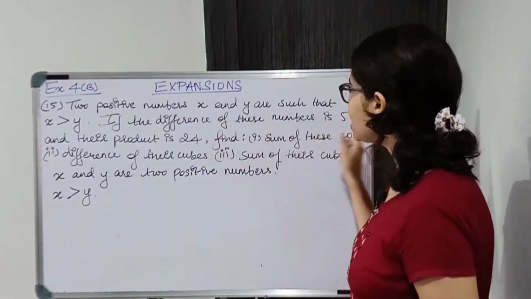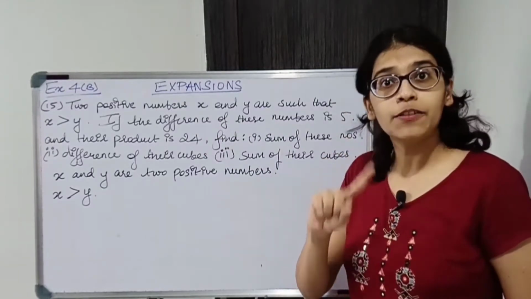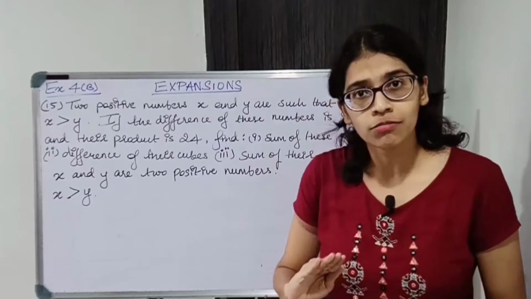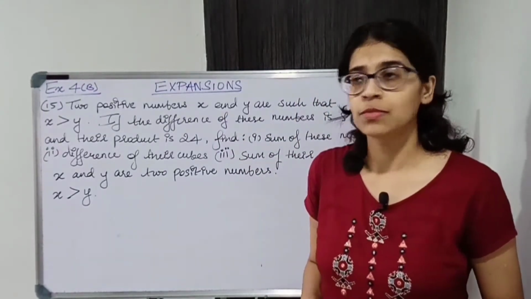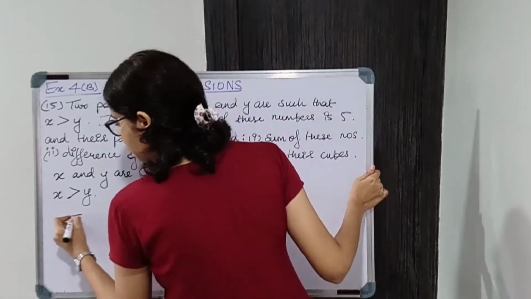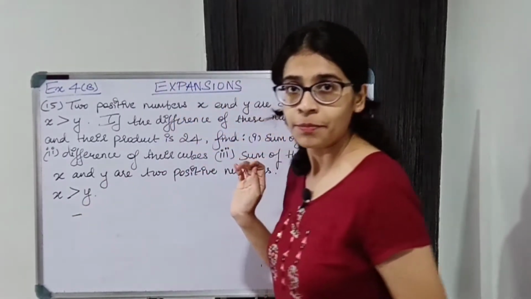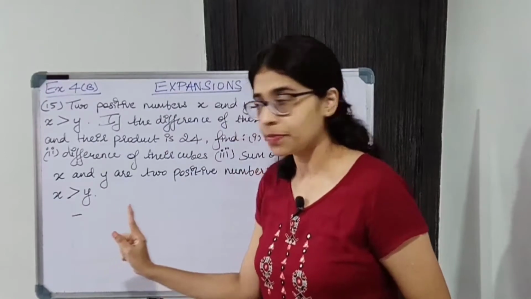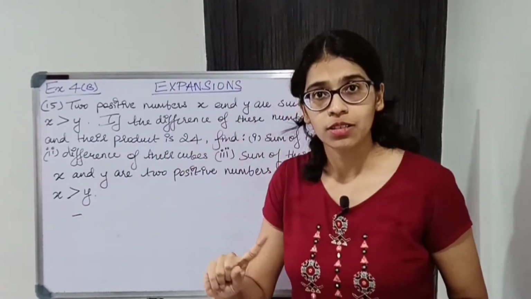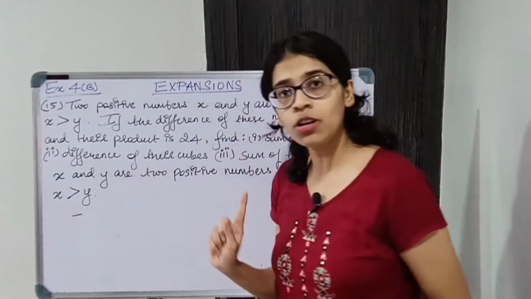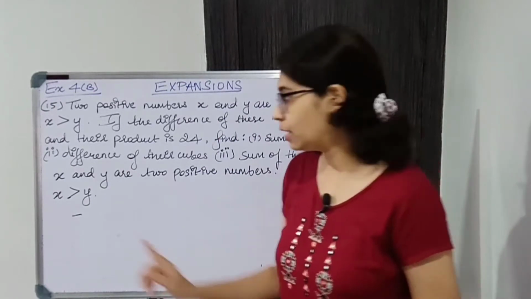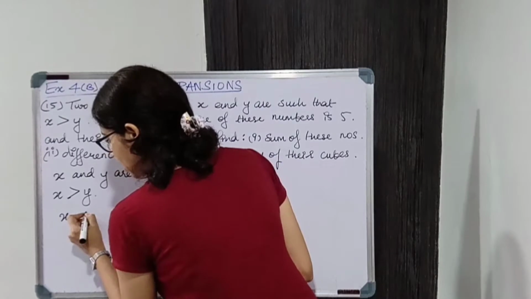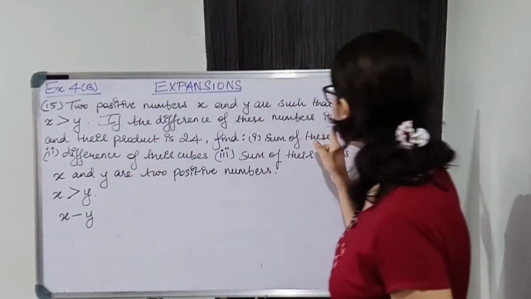The difference of these numbers is 5. Difference, okay. Now difference matlab subtraction of two numbers. So difference of these numbers. Now x is greater and y is smaller, so greater minus smaller I'll take. Okay, greater minus smaller. X minus y is 5.